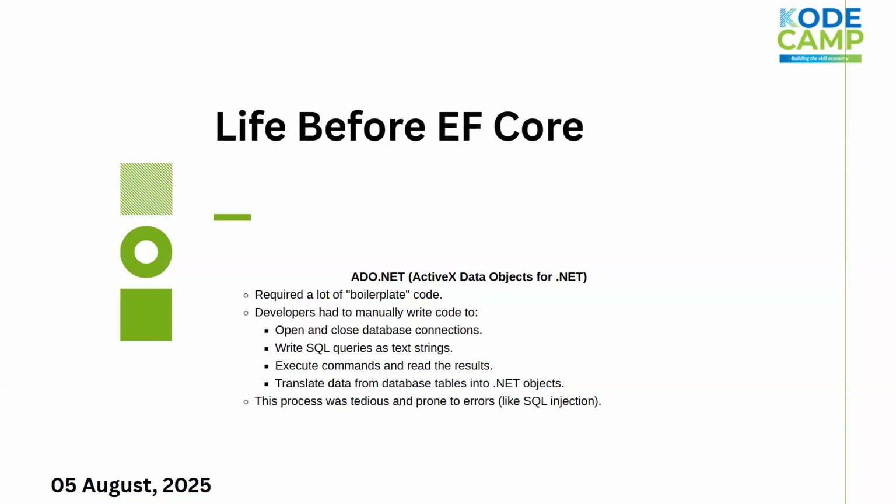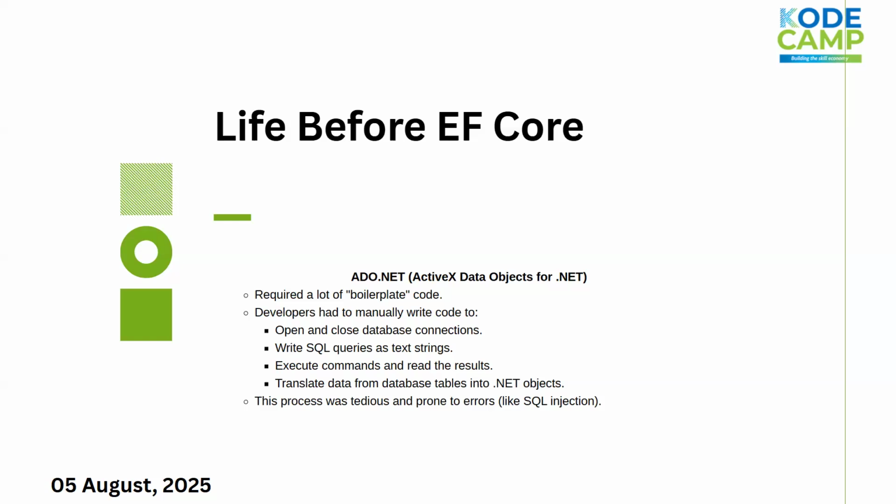How it works is that for every single database interaction, we had to write a lot of what we call boilerplate code, right? You would have to manually write the code to open a connection to the database. You would write your SQL query as a simple string of text.